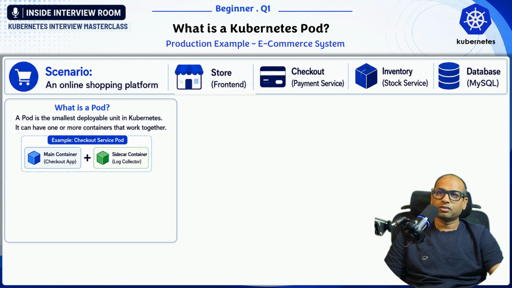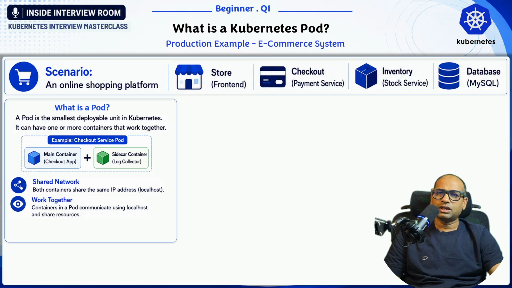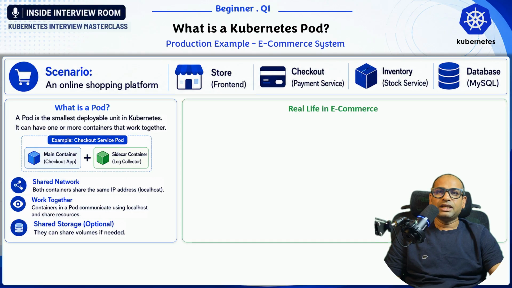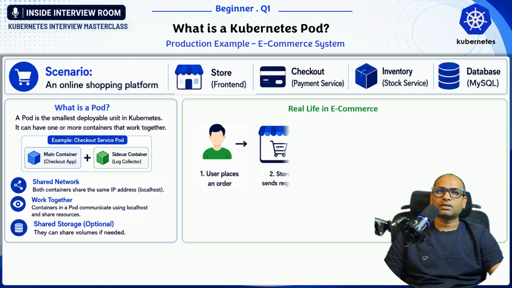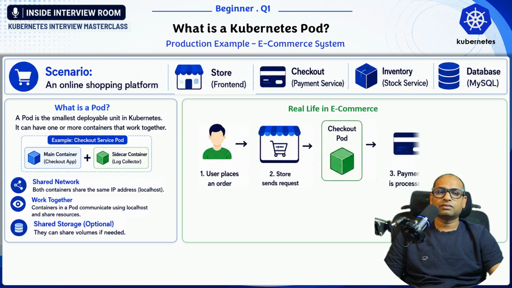Shared network, both containers share the same IP address, localhost. Containers in a pod communicate using localhost and share resources. Shared storage, they can share volumes if needed. Real life in e-commerce: a user places an order, the storefront sends the request to the checkout pod, payment is processed, order is confirmed.